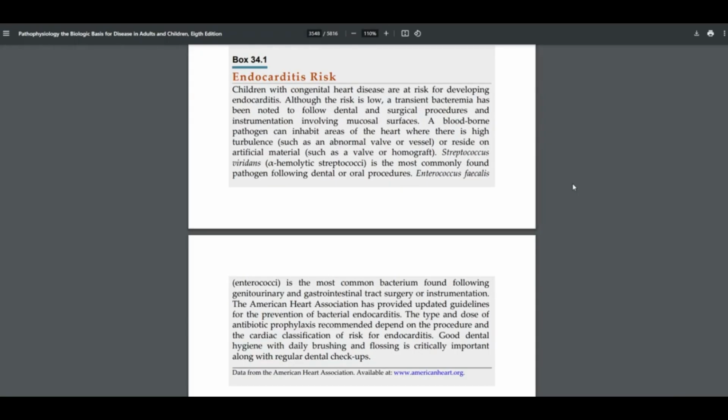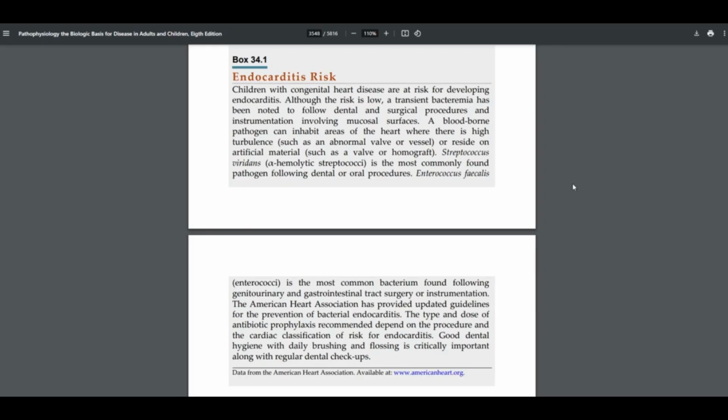Streptococcus viridans, an alpha hemolytic streptococci, is the most commonly found pathogen following dental or oral procedures. Enterococcus faecalis, or enterococci, is the most common bacterium found following genitourinary and gastrointestinal tract surgery, or instrumentation.